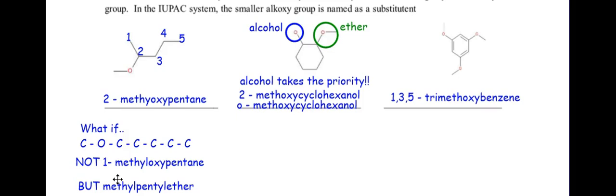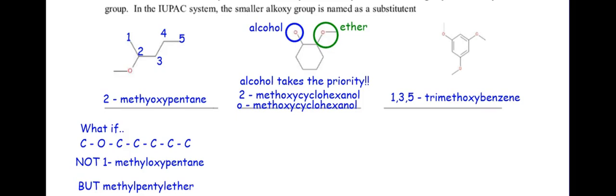All right. So keep in mind, if it's on the end carbons, then it's just like something ether. If it is not on an end carbon, if it's in an interior carbon, that's when you have to decide what's your smallest chain, your smallest carbon group, and that becomes a substituent, okay? Hopefully that makes some sense.